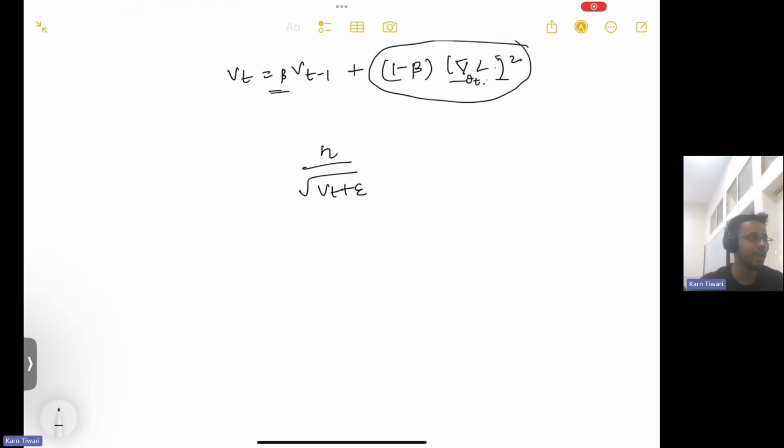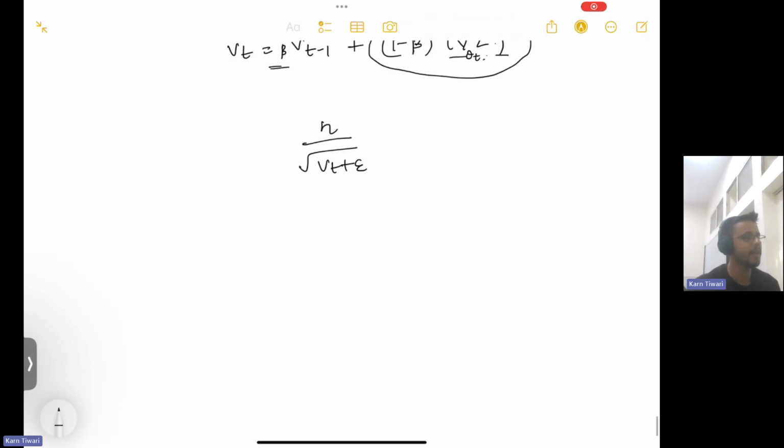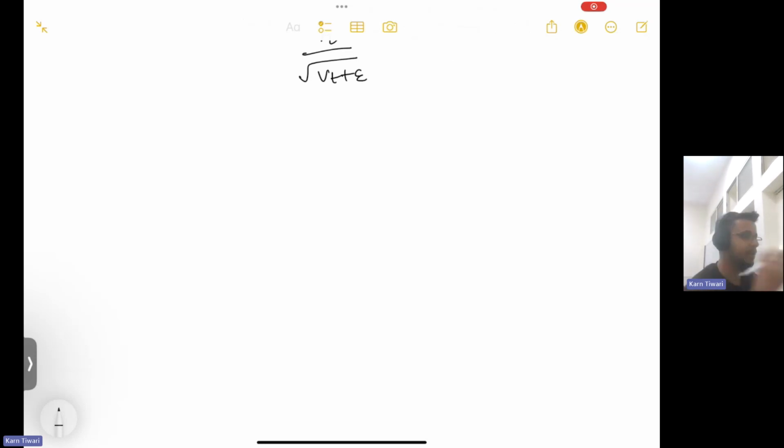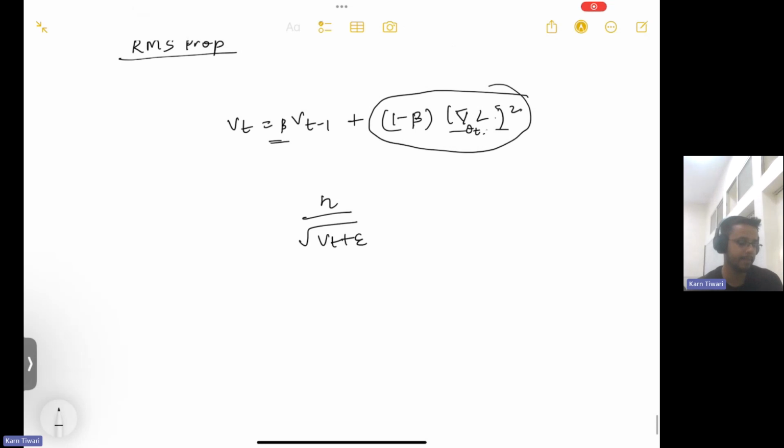But now you might have seen that this V of t is taking the information from the previous step and trying to accumulate it, but there is always a decay with the step. The decay in the step is beta times the previous one, for example, like this.